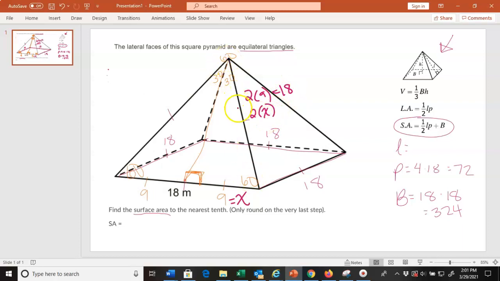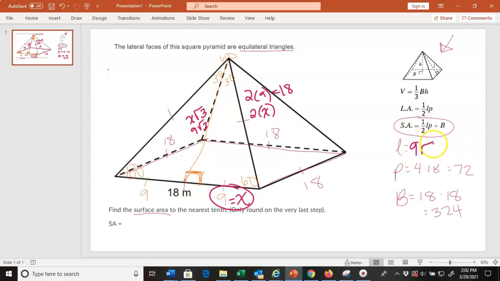Because that side is 18. And then the side across from the 60 is always x root 3. Our x was 9, so this side is 9 root 3. There we go. We found that slant height by using special right triangles. So the slant height is 9 root 3.